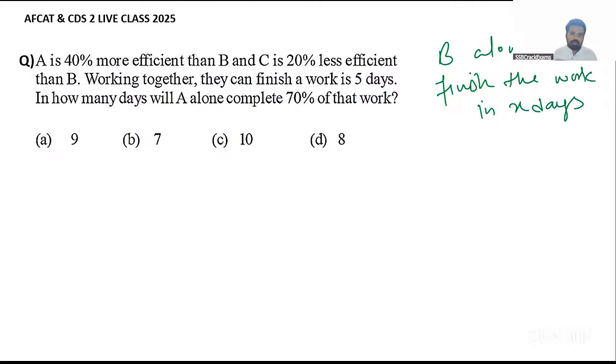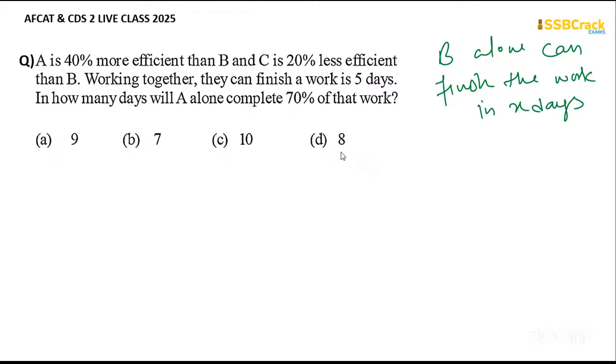Then A can finish the work, since A is 40% more efficient than B. So it means that however much work B is doing, A is doing 40% more than that. So we can say that A alone can finish the same work, and we know how we can calculate the complete work.